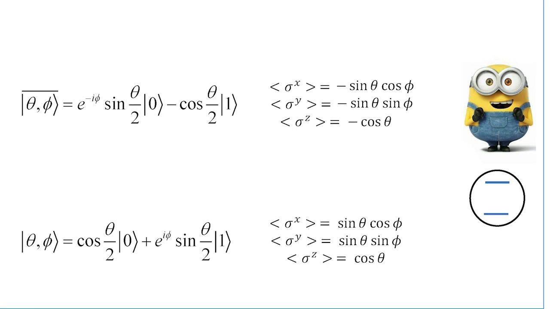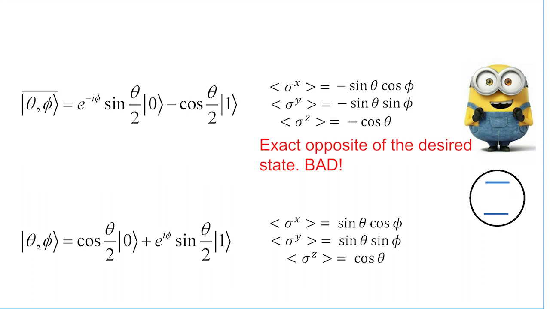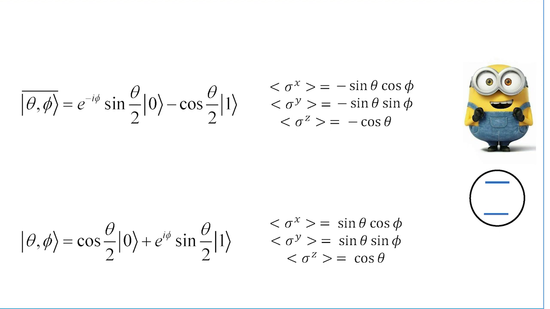For the other half of the outcomes, the state is arbitrary, but it is not the same as the desired state. We can visualize this more if we calculate the Pauli spin averages, and we see that there is a flipping of the spins, a flipping of the qubit state for this state.